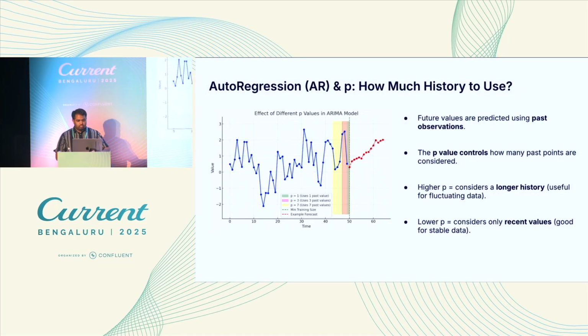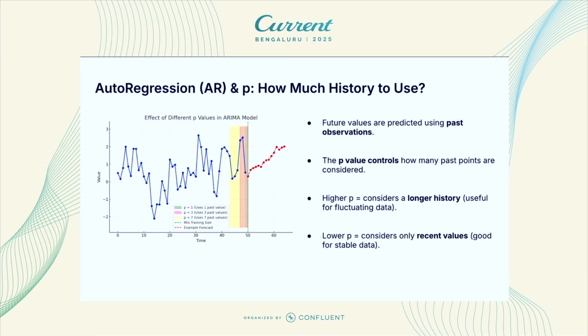So, autoregression, AR, means that the future values are predicted using past values. The P hyperparameter controls how many past values to look at. As you can see in the graph, there are three windows for different P configurations. If you had P as 1, it's only looking at the most recent data point to make your prediction, whereas a higher P would look at a longer number of data points to make that prediction.